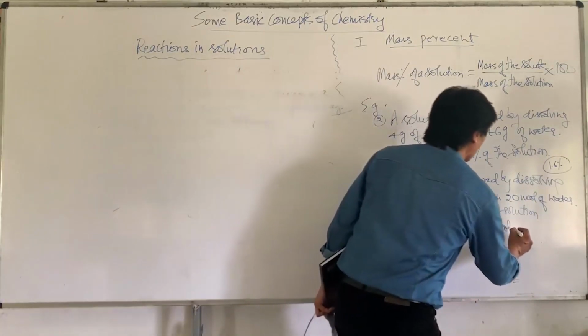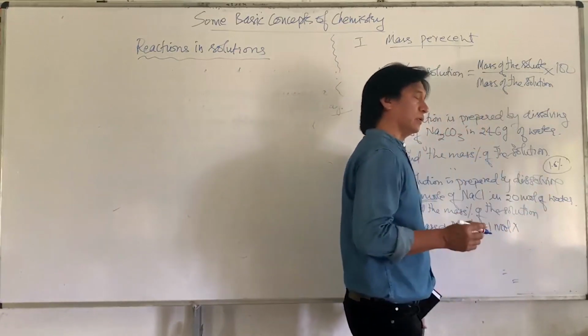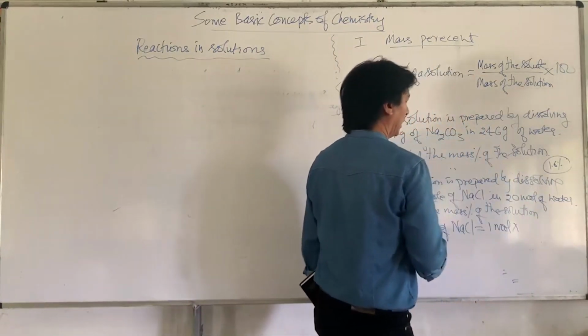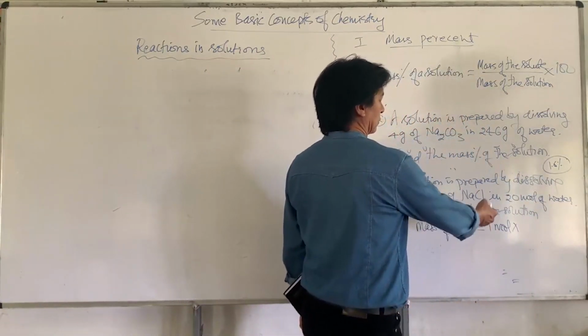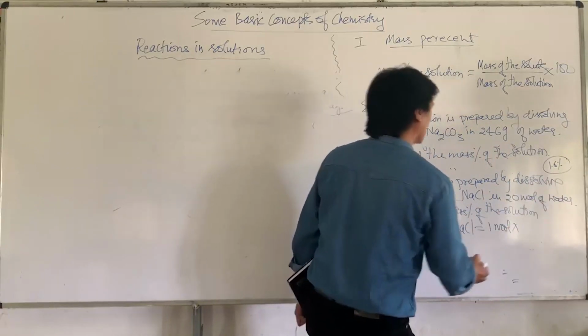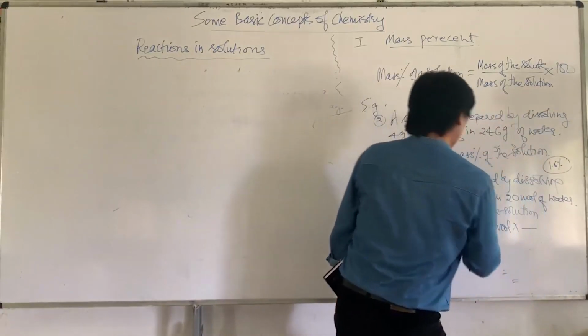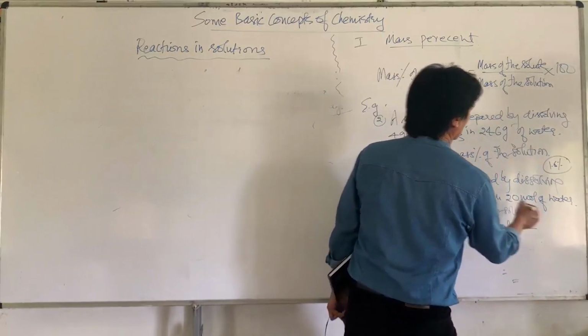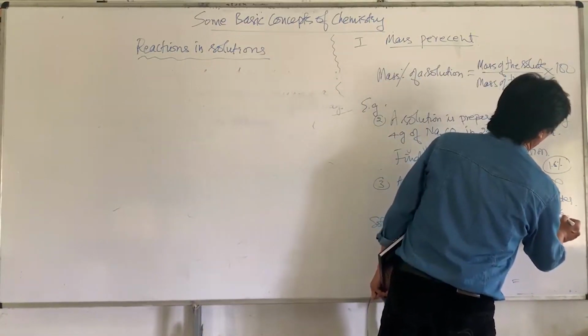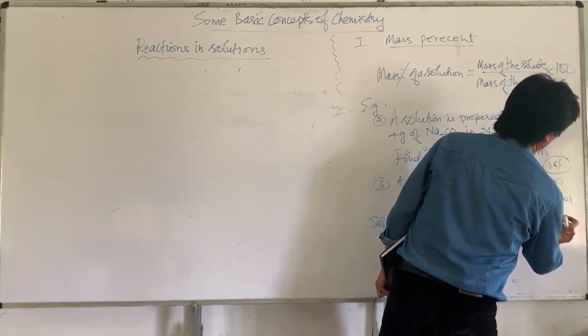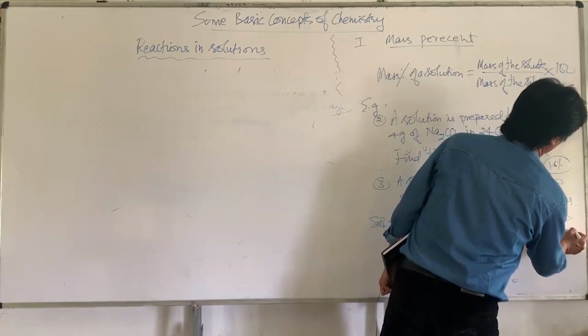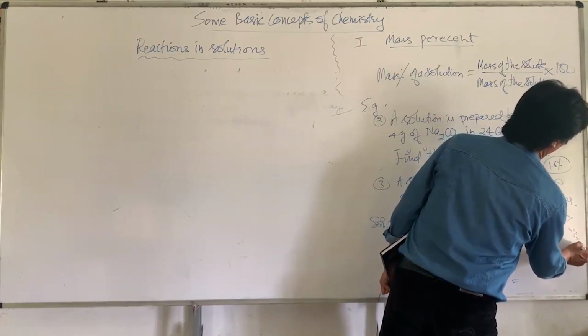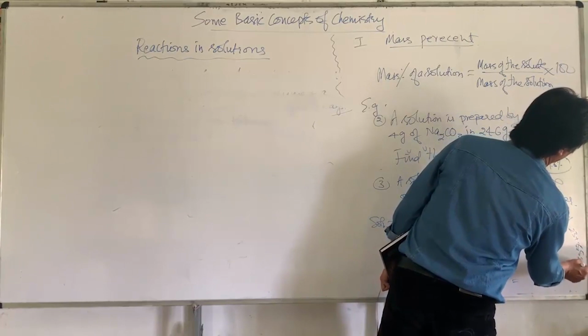Now you've got to express this in terms of grams. For this you have learned about something called the unit factor, if you remember. To change the unit mole into grams for sodium chloride, its molar mass is, for sodium 23, chlorine 35.5, and the total is 58.5.